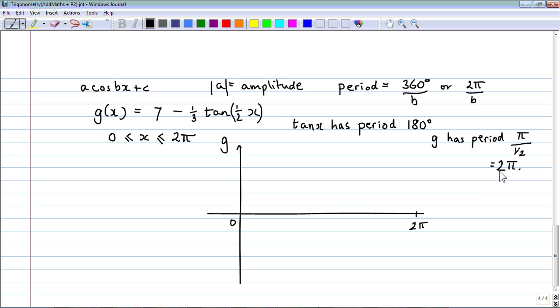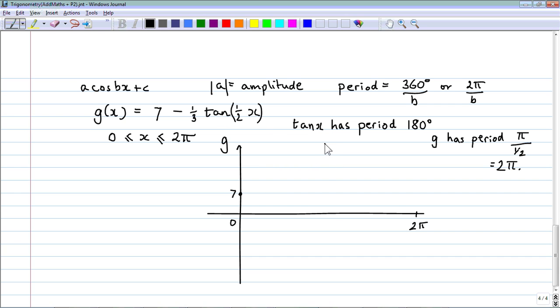Now when x is 0, tan x is also 0. So the starting point of my curve is 7. So let me mark 7 here. Now I know that tan x would usually rise up like this, but now I have a minus sign, so it's going to go down. And I also know that when x is pi, then I'm getting tan of pi over 2, which is undefined.